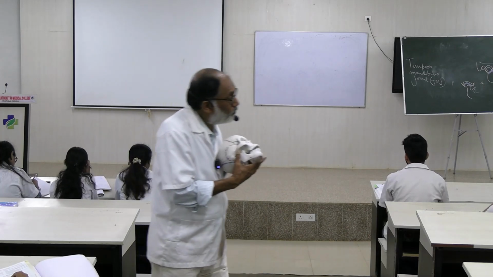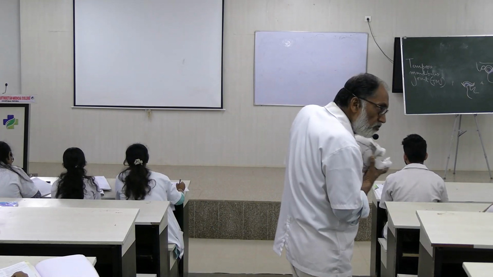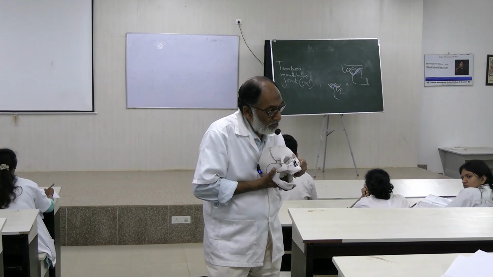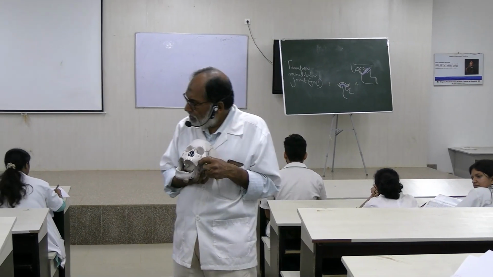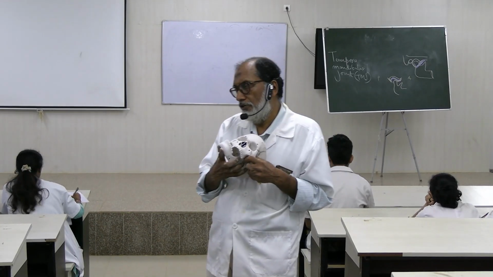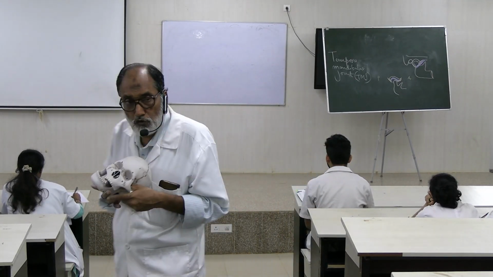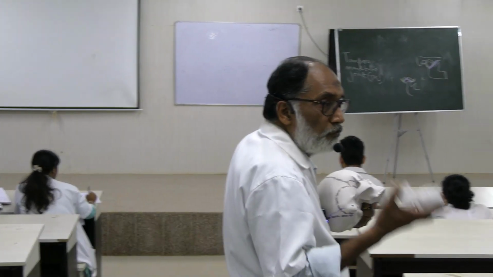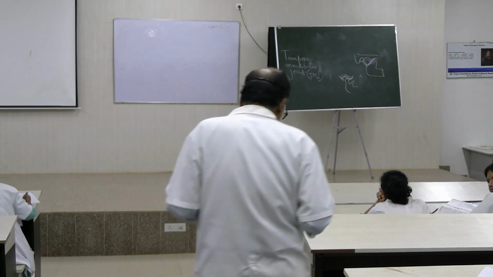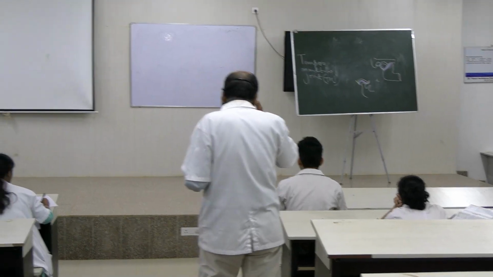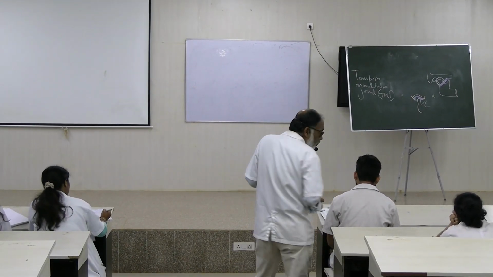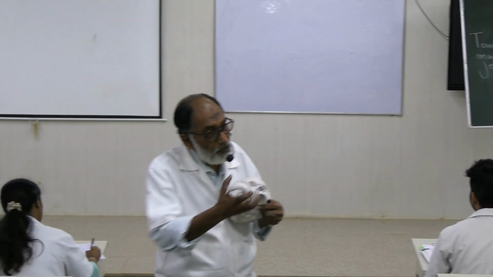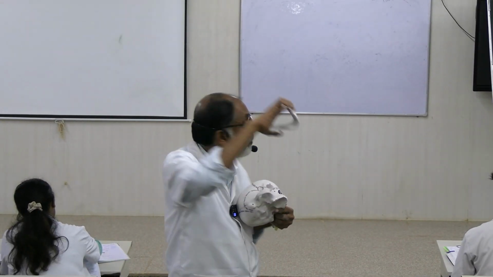Now you should know what muscles actually cause protraction, which muscle causes retraction, which muscle closes the mouth, and which muscle opens the mouth. Now this protraction and retraction occur in the upper compartment.